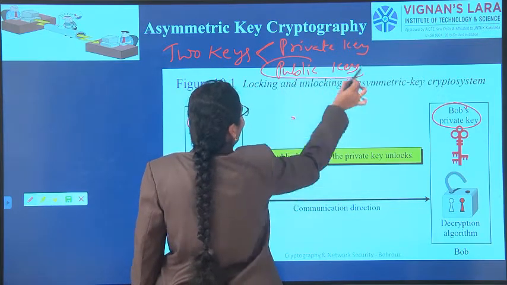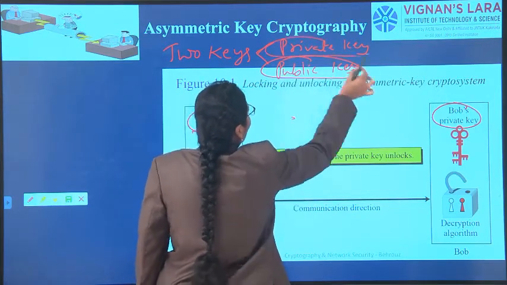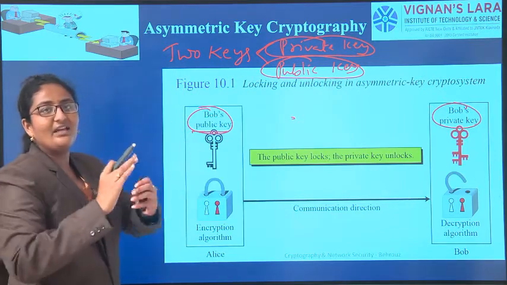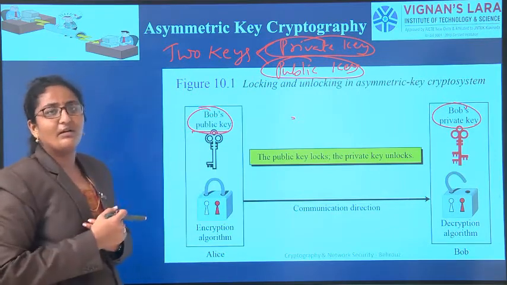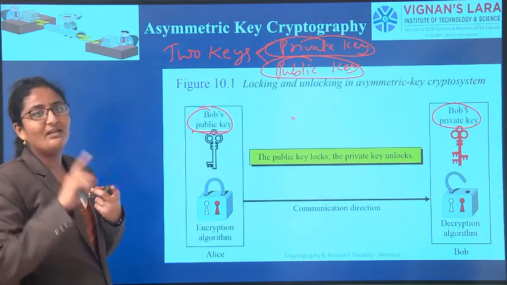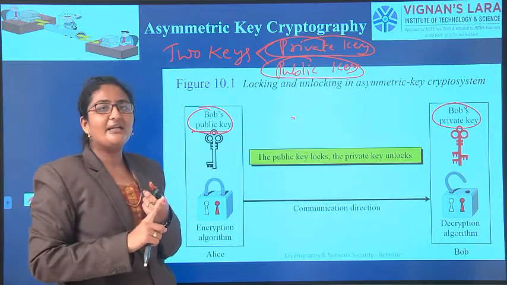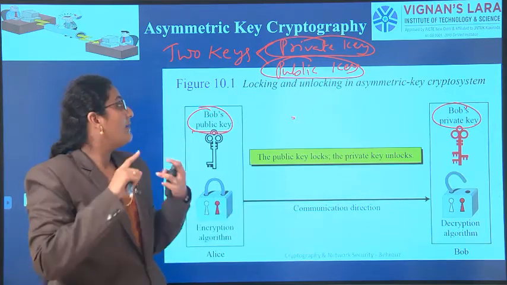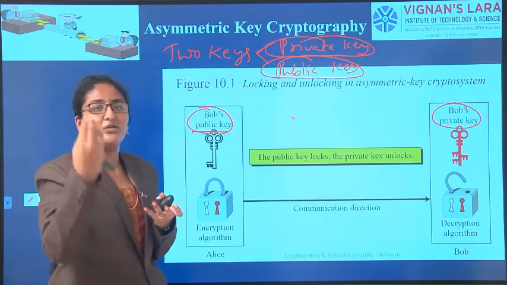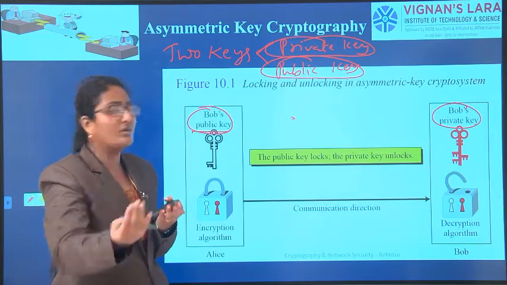Public key we will tell to everyone. Private key we will tell only to the person whom we want. Public key is announced publicly to everyone. So every person will have two different types of keys. Public key we will tell to everybody, but private key we will tell only to the authorized person, only to the receiver.